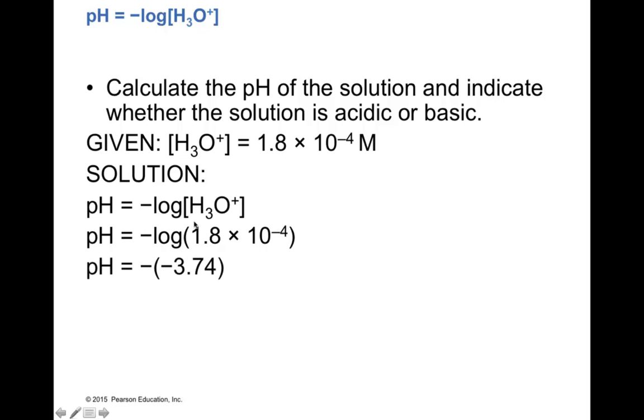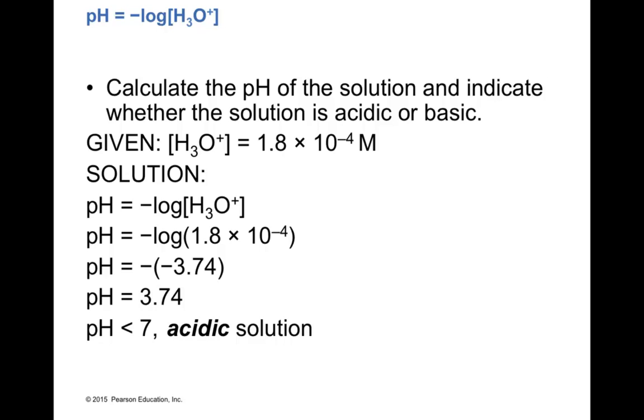This operation, without the minus, must be equal to minus 3.74. Then the negative on the outside turns it positive. So the pH is going to be 3.74, and this pH is lower than 7. That means the solution is an acidic solution.